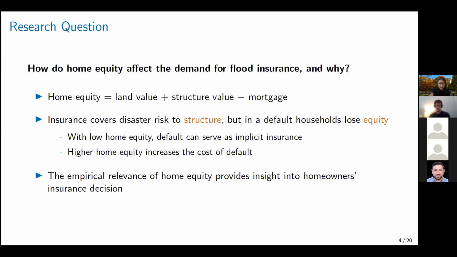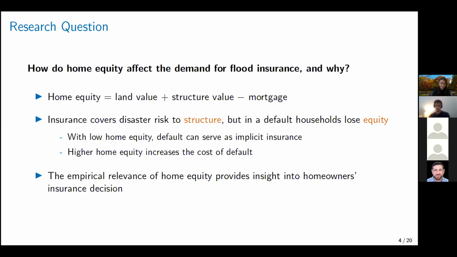Now, when we think about flood insurance, what it covers is really the disaster risk to the structure. So suppose I have a home that is damaged by flood, and if I have flood insurance, the payout I'm going to get from the flood insurance is going to be covering the cost to replace the damaged portion of my building.